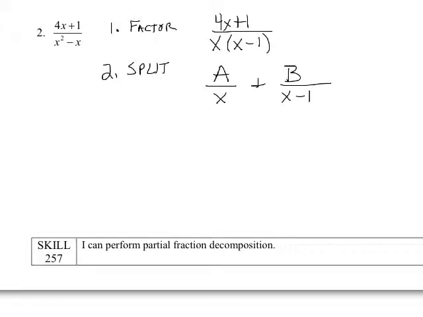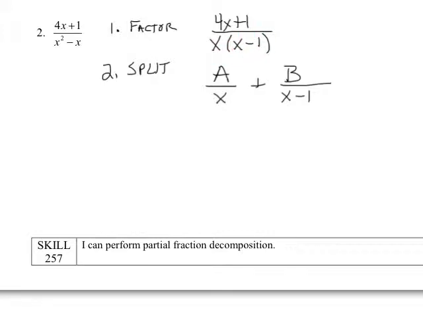Now this will work for all of your linear factors, so x is linear and x - 1 is linear. If you had an instance where this was squared, then we would need to take a slightly different approach. But the BC test keeps with the linear denominator, so I'm going to focus my approach on those.